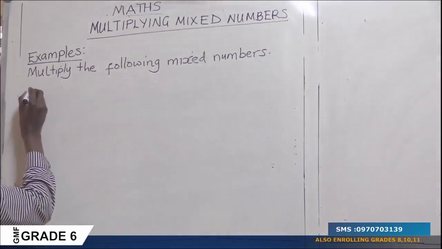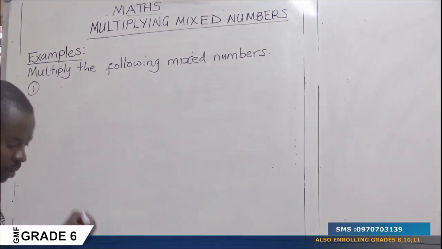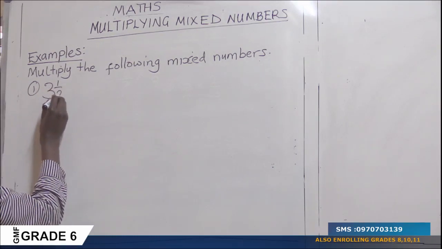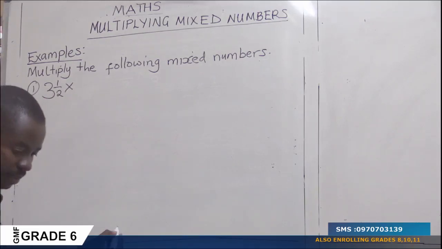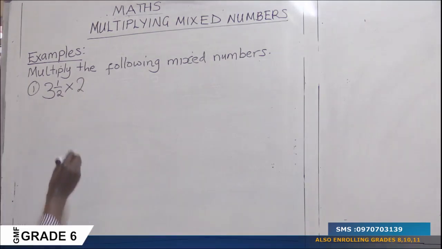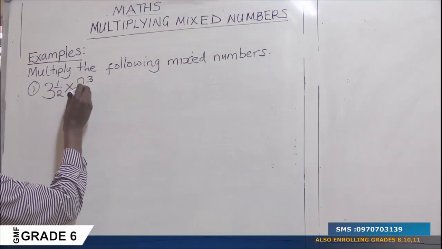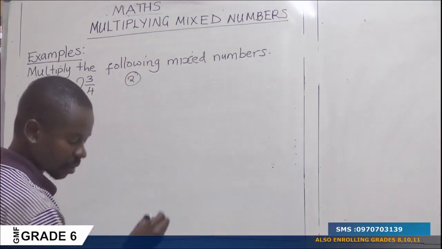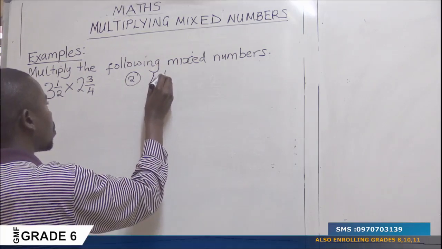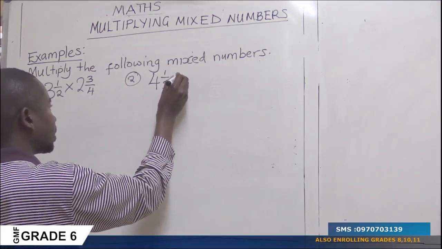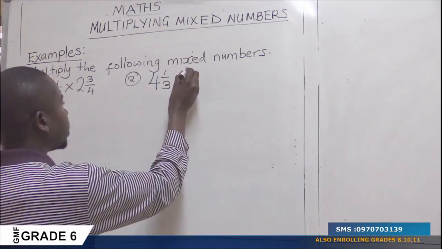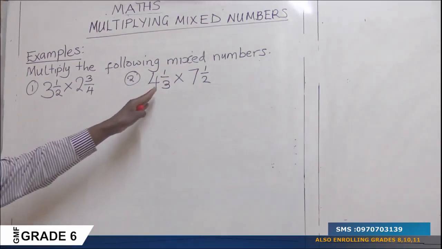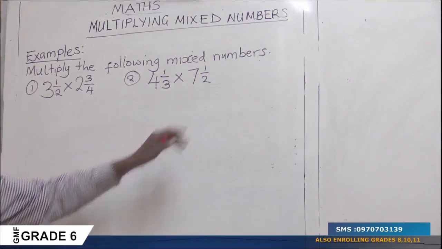Our first example says 3 1/2 times 2 3/4. Our second example says 4 1/3 times 7.5. So 4 1/3 times 7.5.